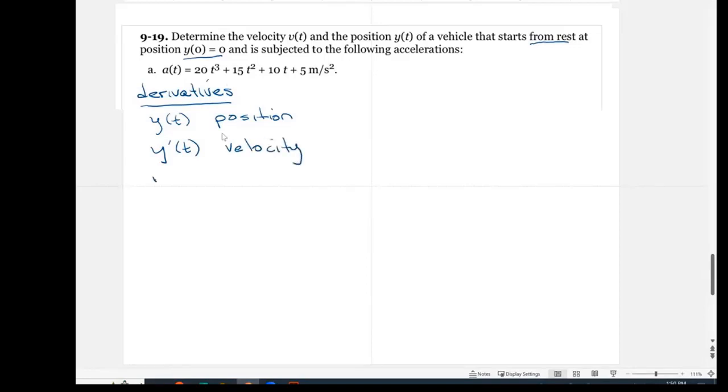And v of t equals the derivative of y of t, which is velocity. And I could say that a of t is equal to the derivative of v of t, which is equal to the second derivative of y of t. And this is acceleration.